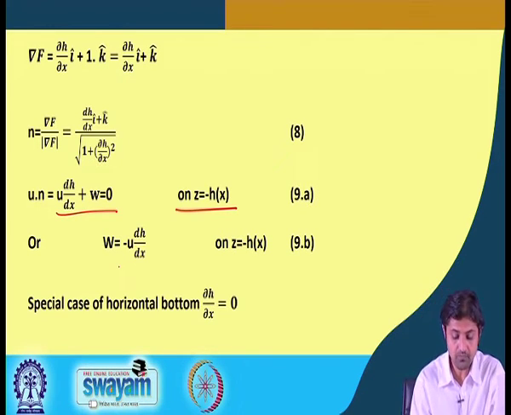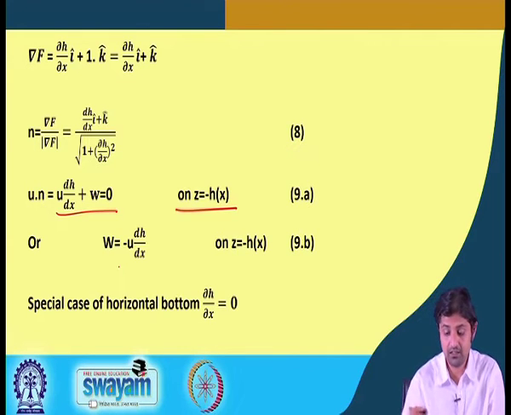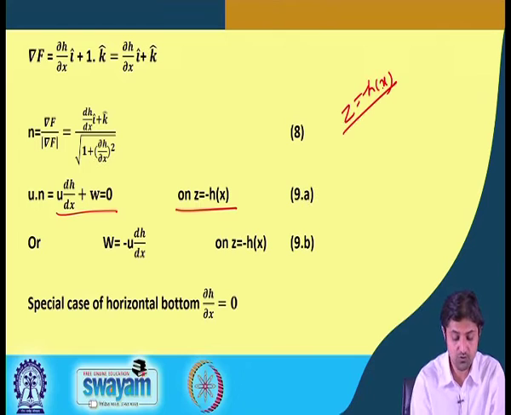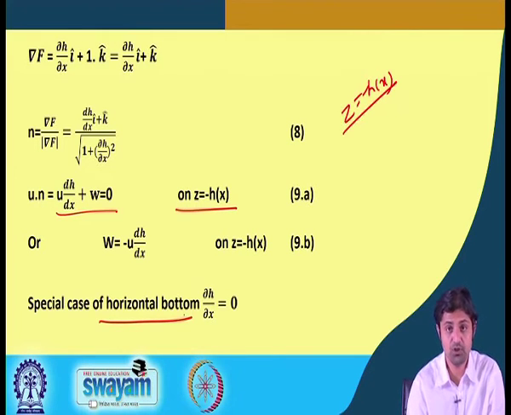Now, earlier we had assumed that the bottom z will be minus h of x. But if we assume a case of horizontal bottom, we know that the height will not vary as a function of x.